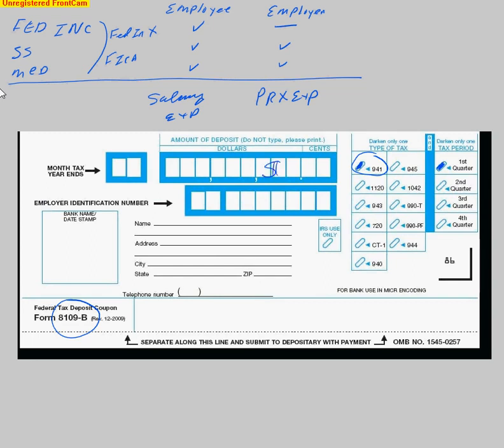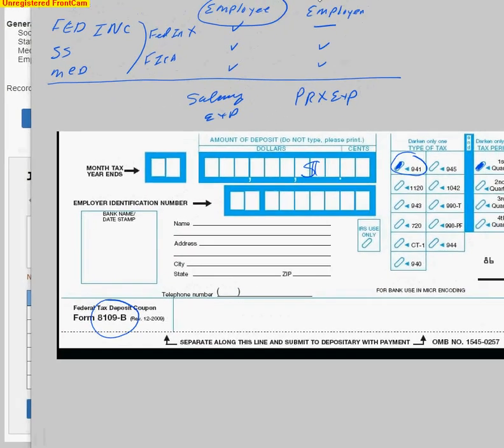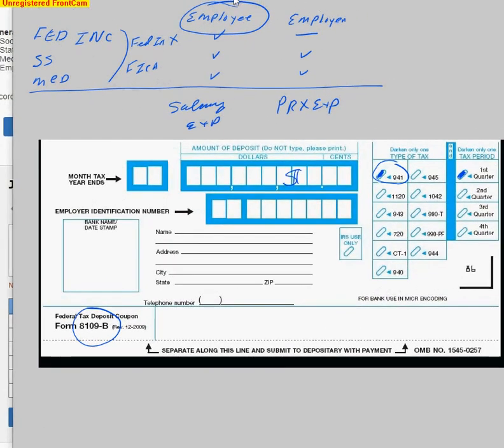And the total for what the employer had deducted and what the employee had deducted and the employer had matched gets put right in here. That's as simple as that, folks.